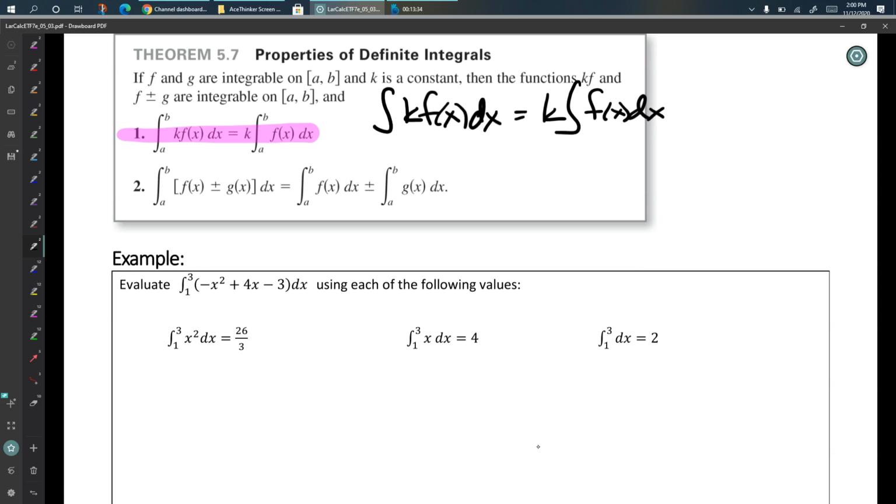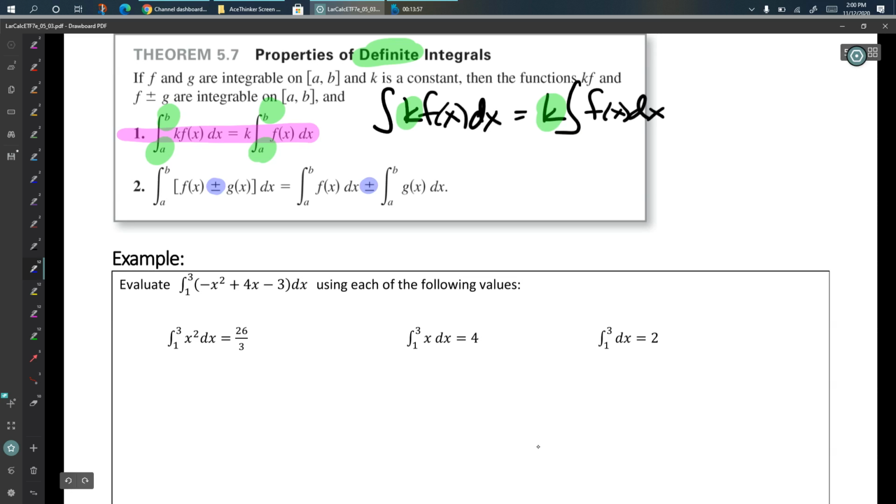What's changed? Well, we added limits of integration. We took an indefinite integral and made it a definite integral, but the math is still the same. It says if you got a coefficient and you don't want it in there, take that coefficient and pull it out.